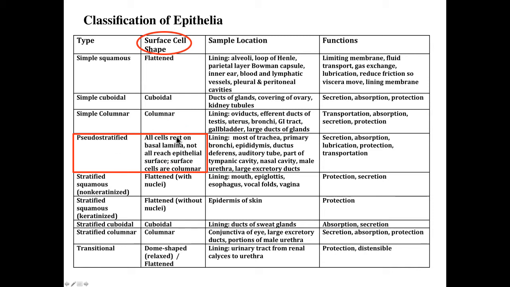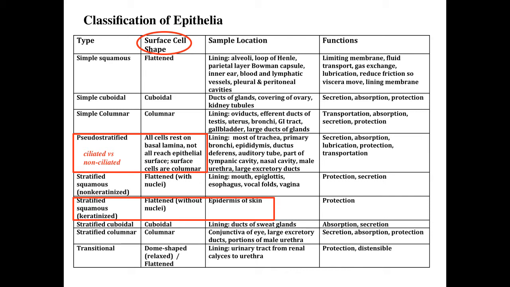All cells, as we said, rest on a basal lamina, but not all cells necessarily reach the surface. Usually you see a pseudostratified columnar epithelium. We will talk a little bit later about pseudostratified columnar epithelium being ciliated versus non-ciliated. We talk about stratified squamous, and we can talk about whether the epithelium is keratinized or not.